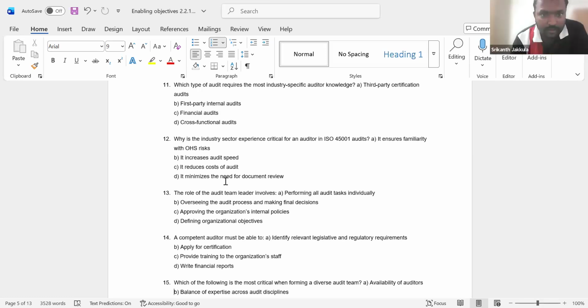Cross-functional, okay. Sir, can you please give some light on cross functional audit, what it is? If there are multiple functions to be audited, for example multiple cross functions.